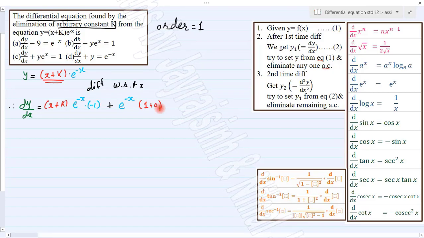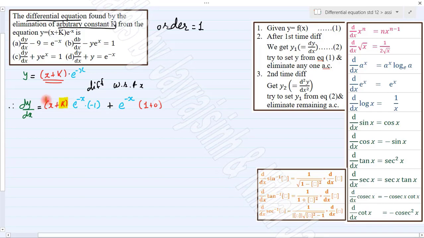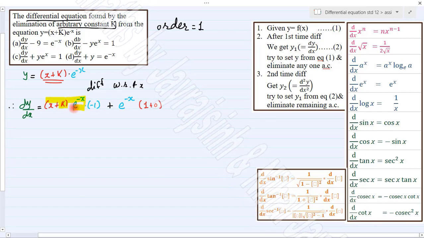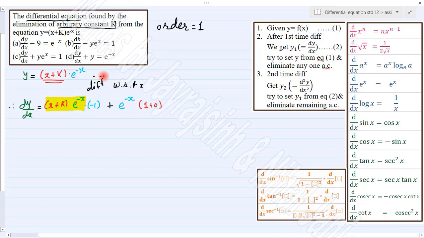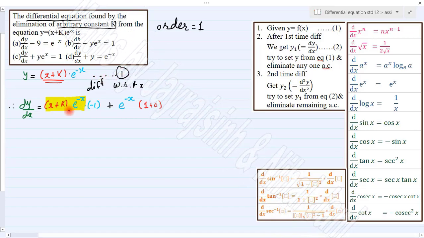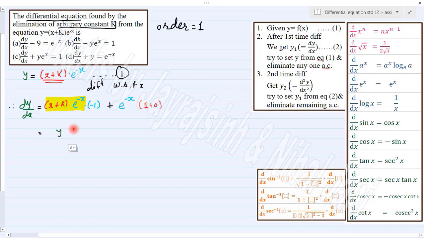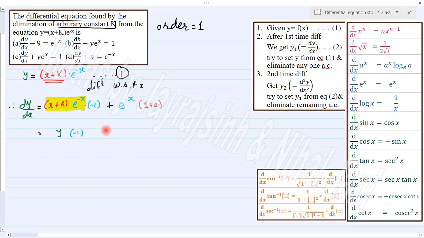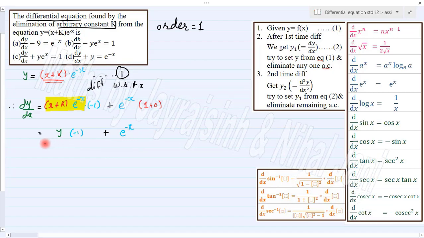Now, to form a differential equation, we have to eliminate the term of k. So, we can say the x plus k into e raised to minus x is available in equation number 1. So, we can replace the entire term with y. Your minus 1 will be as it is plus e raised to minus x will also remain as it is.